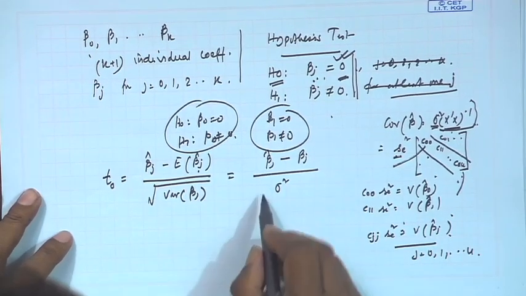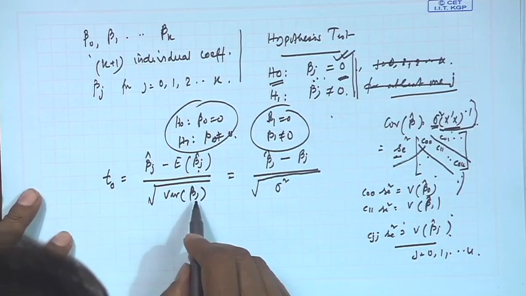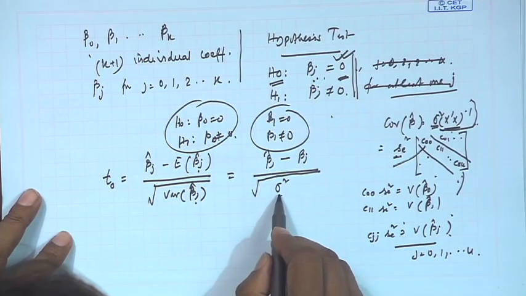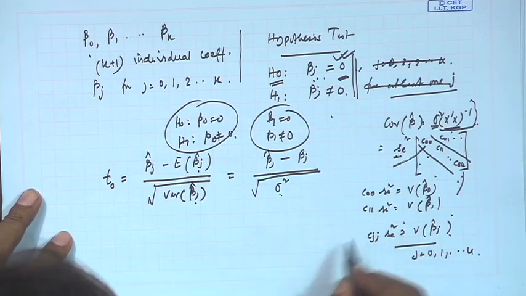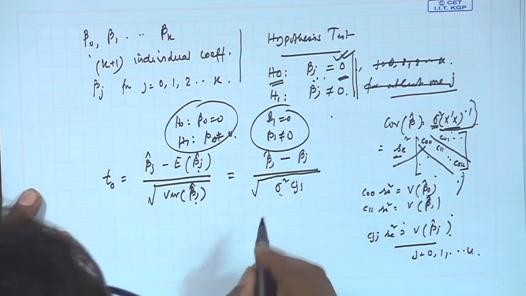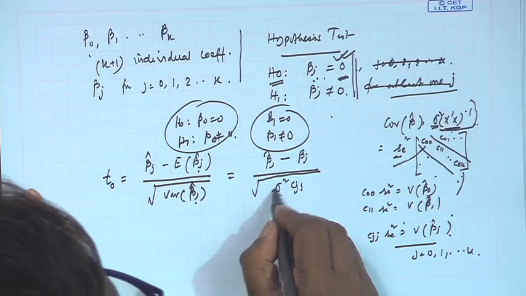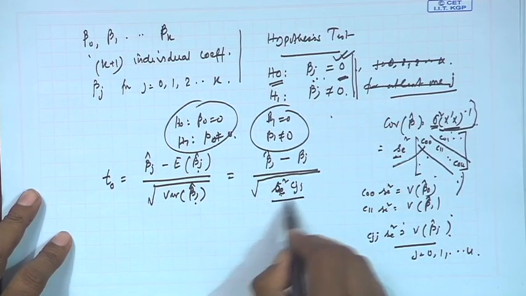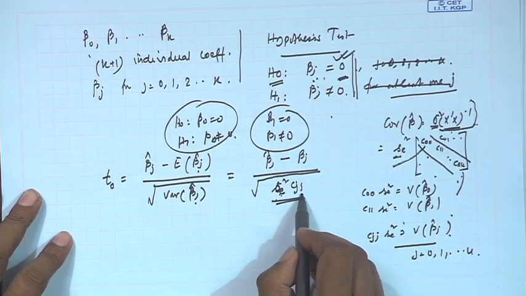So, the variance of beta j cap is sigma square into C j j. Now, the sigma square estimate is sigma cap square, so we write this as sigma cap square C j j.